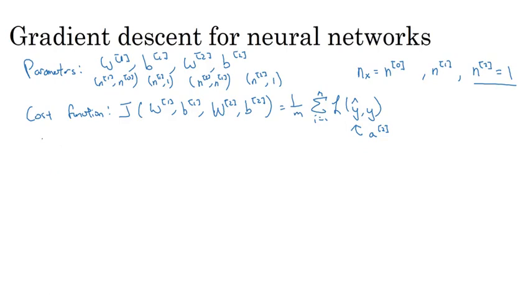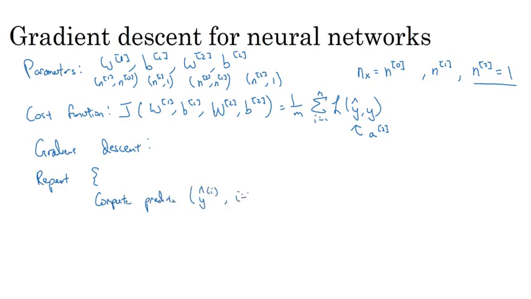So to train the parameters of your algorithm, you need to perform gradient descent. When training a neural network, it's important to initialize the parameters randomly rather than to all zeros. We'll see later why that's the case. But after initializing the parameters to something, each loop of gradient descent would compute the predictions. So you compute y hat i for i equals 1 through m, say, and then you need to compute the derivatives.